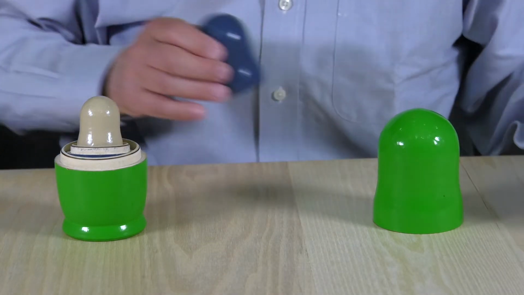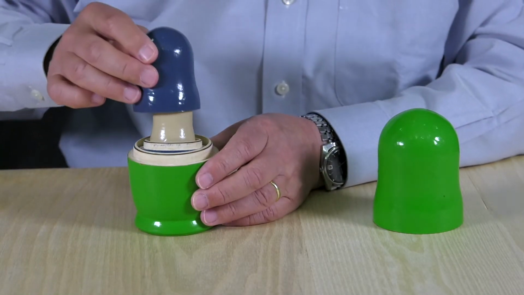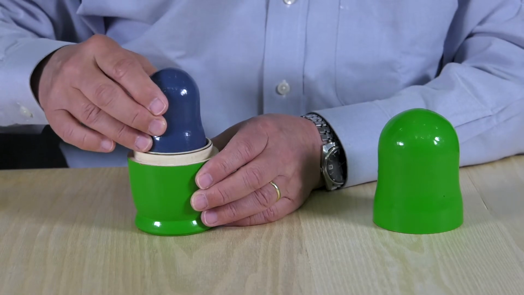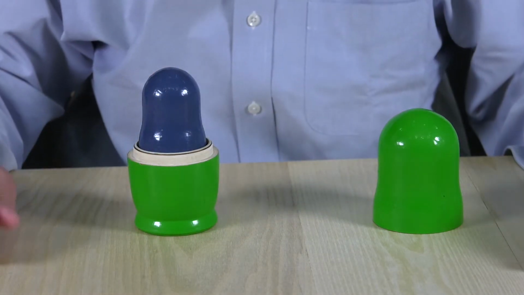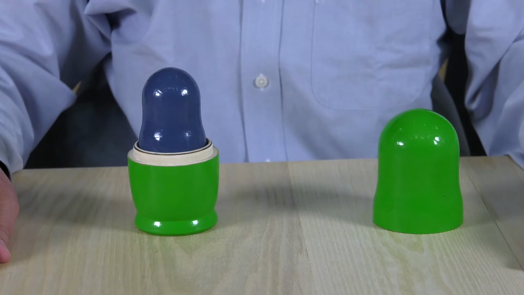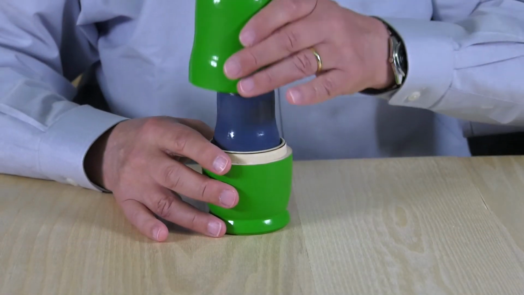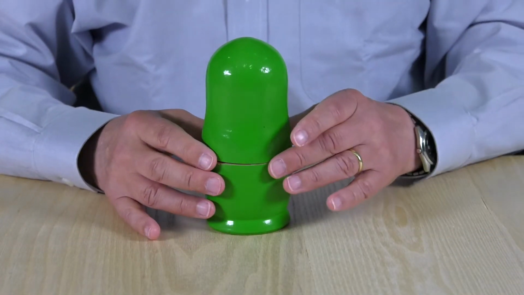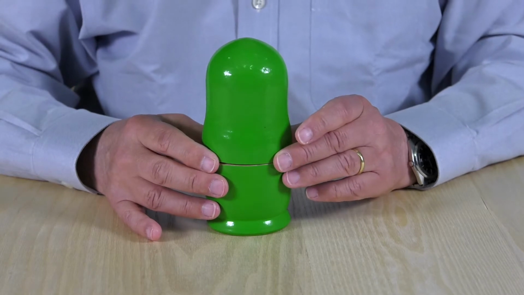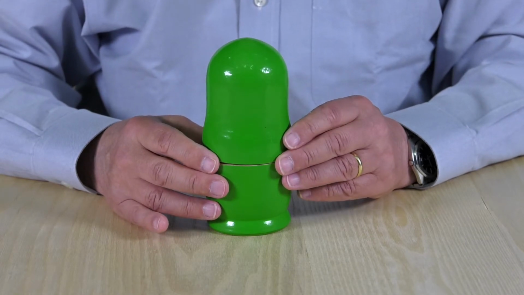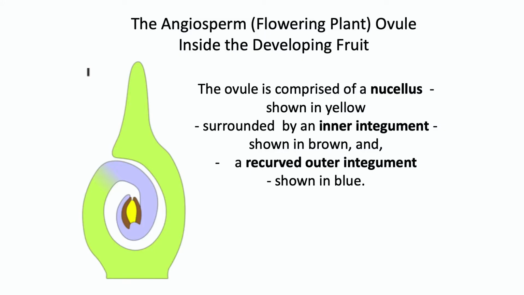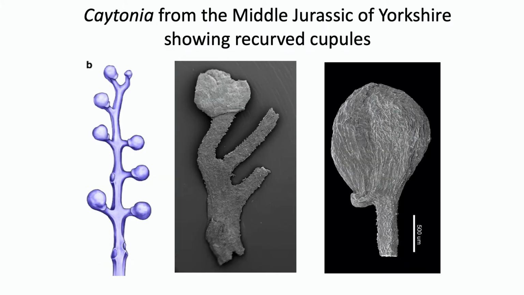In turn, the nucellus and the inner integument are enclosed within a second integument, the outer integument, characteristic of flowering plants, and the whole structure that will develop into an angiosperm seed is enclosed within the carpel. So the first priority in understanding the origin of angiosperms is to explain where the second outer integument comes from.